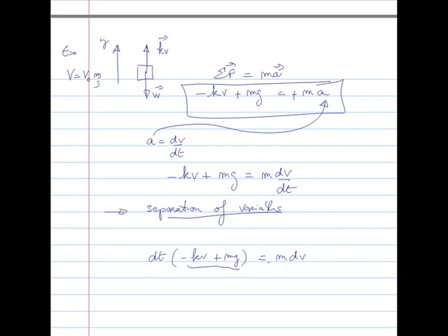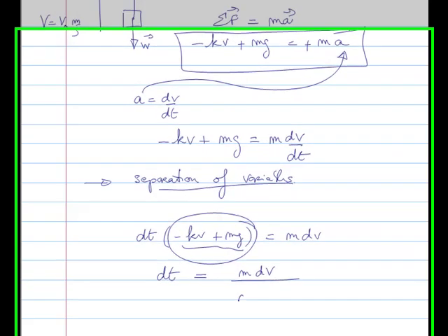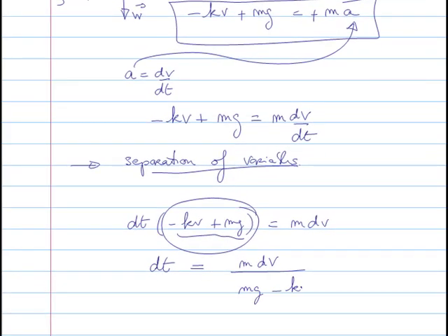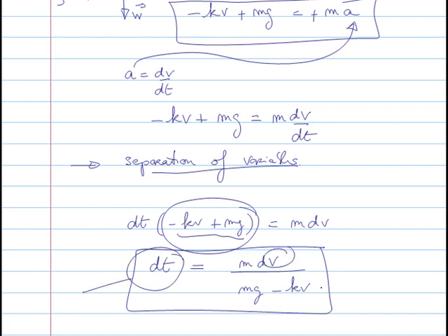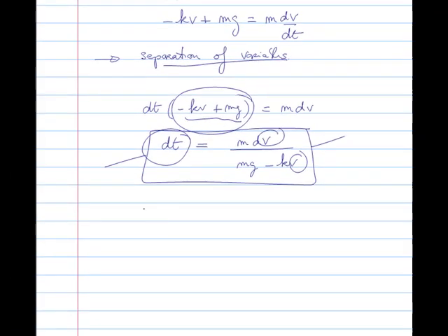I'm going to divide the whole equation by this term. So what's left on the left hand side is my dt, which I have now isolated. And on the right hand side, I have m dv over (mg minus kv). And at this point, I'm very happy because I have managed to separate the time on the left hand side and the velocities on the right hand side. So now I can integrate.